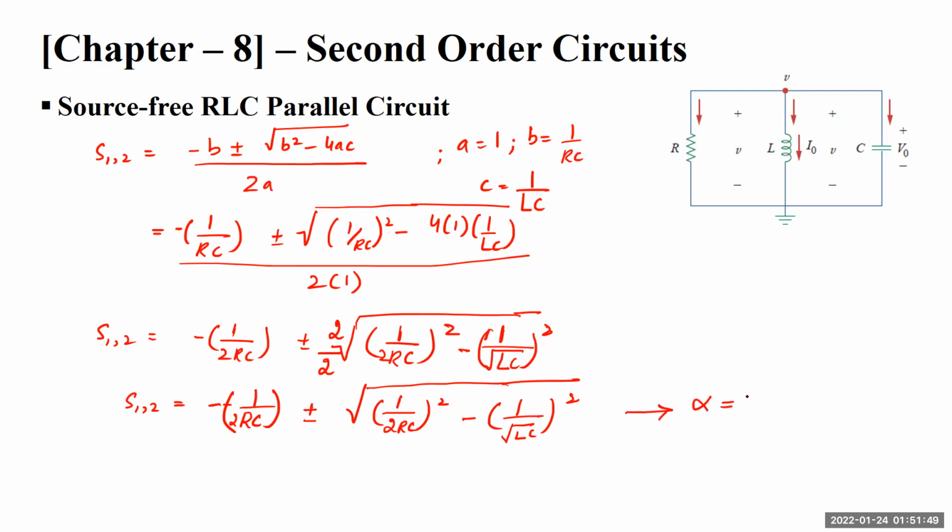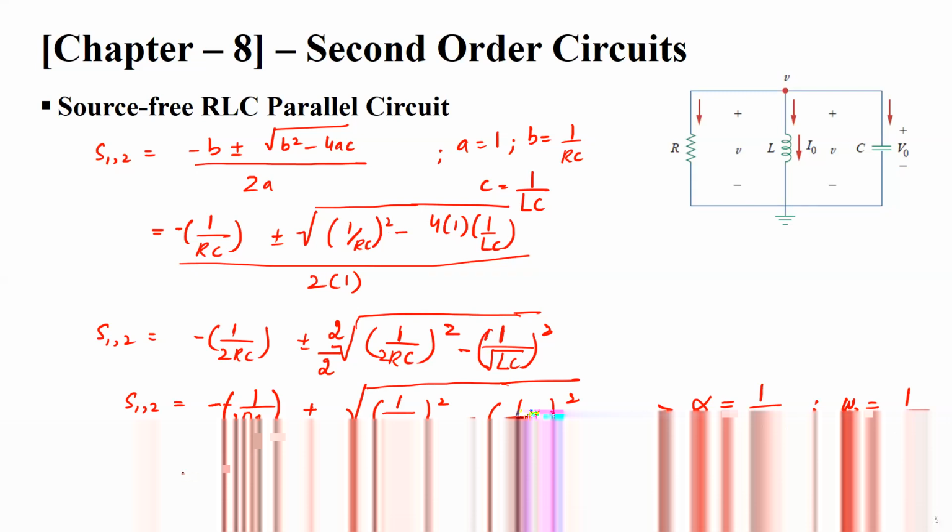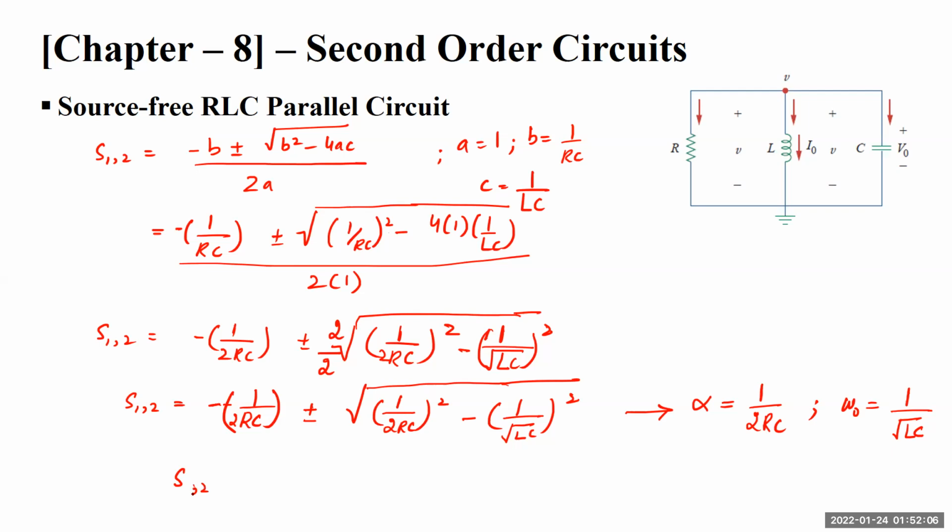We can say that alpha is 1 by 2RC, and omega naught is 1 by root LC. So eventually the solution can be written as minus alpha plus minus under root alpha square minus omega naught square. And this is for a parallel RLC circuit.